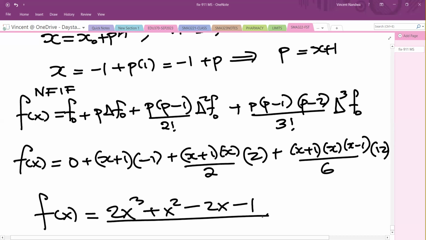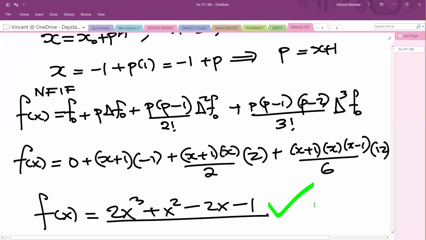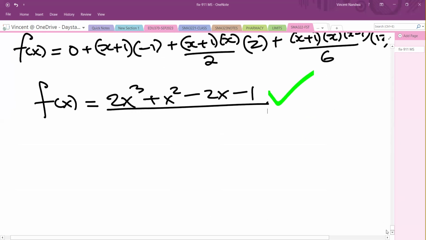So if you have a different answer from this one, it's an answer but a wrong one. This is the correct answer when you simplify the right-hand side of f of x. So that is the solution to part 1.